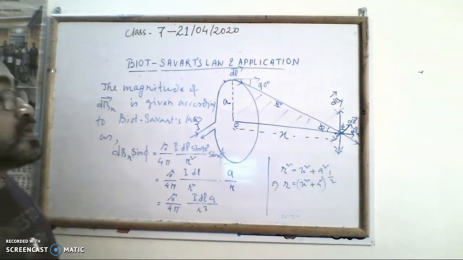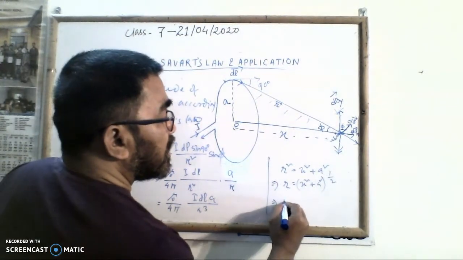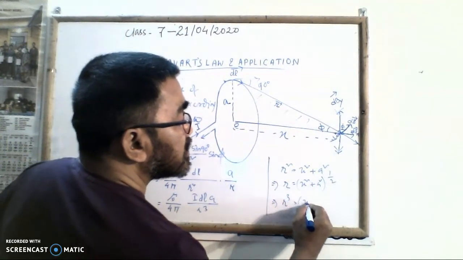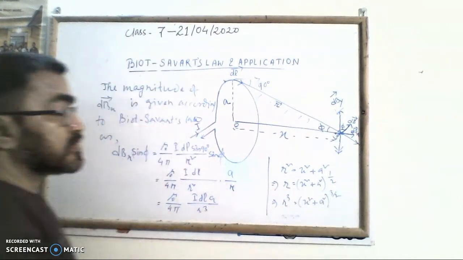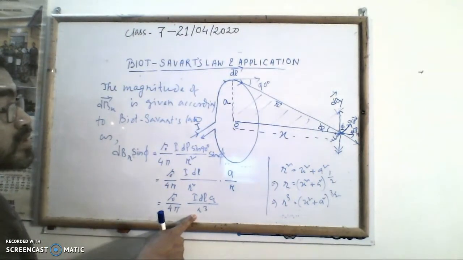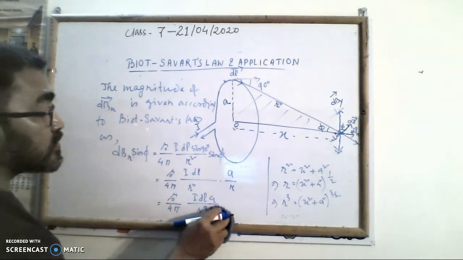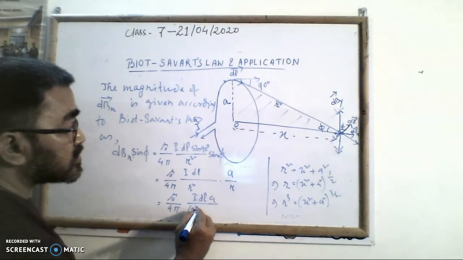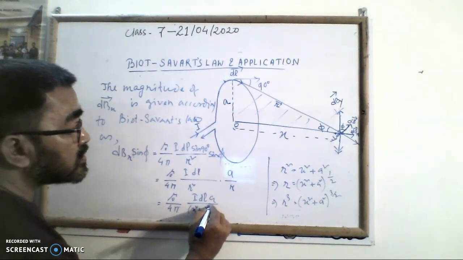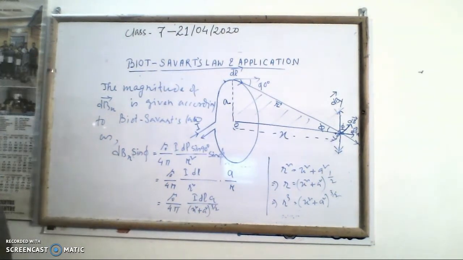Okay. Now if you take r cube, what will you get? x square plus a square to the power 3 by 2. So in place of r cube you can write x square plus a square to the power 3 by 2.